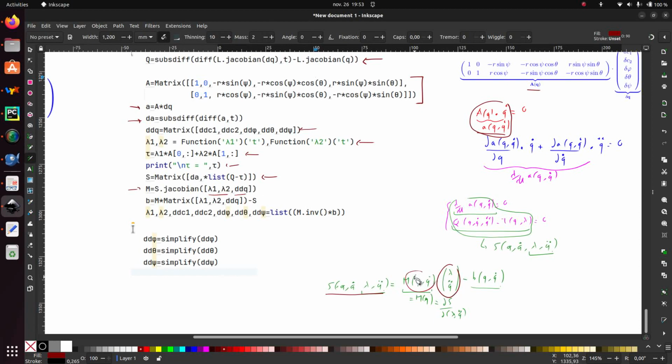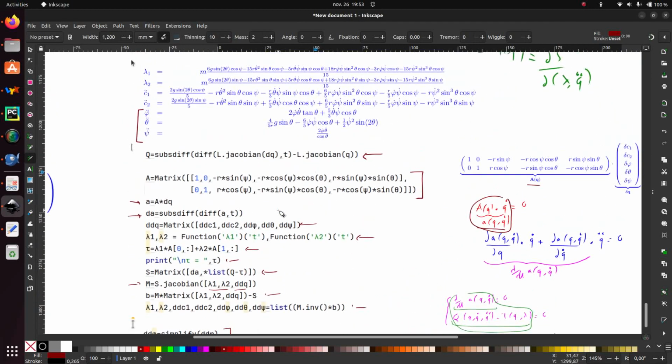Then I will get this. And for B, I isolate in this equation this minus that to obtain B. It is what I get here. Then I will isolate this one thanks to this, so I invert this matrix in order to obtain this equation. But in fact, only these ones are interesting for me. And if I print them, then I will get this.